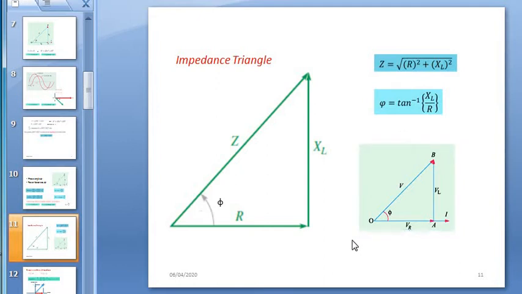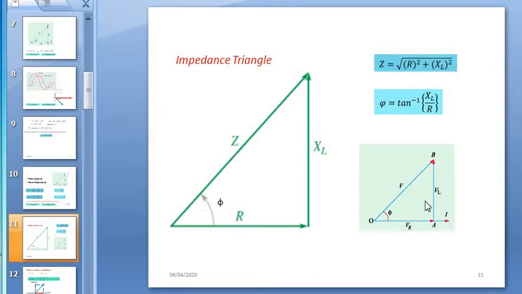This is the voltage triangle. This side is VR, opposite side is VL, and hypotenuse side is V. We have to divide all the sides by the current. What is VR divided by I? V upon I is opposition. This is the resistive side. V upon I gives the resistance.